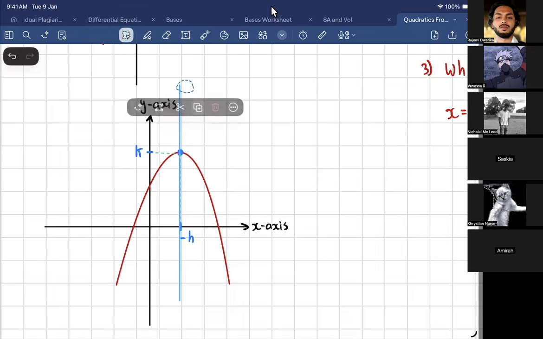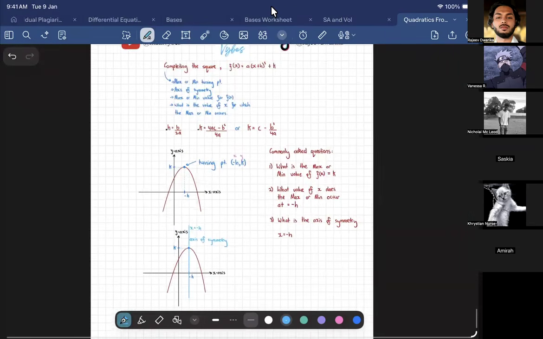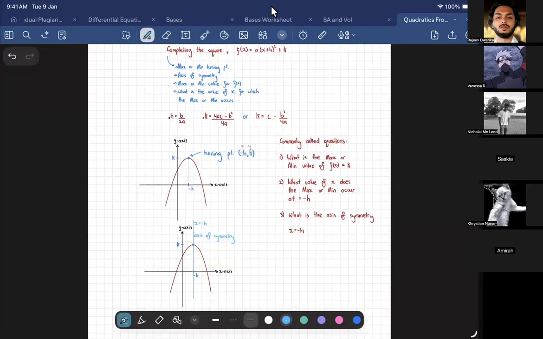I'm here to help you in whatever way I can, but you need to tell me you're confused. Is anybody confused as to why I'm saying this equation is x is equal to minus h? That vertical line? If you are, don't be scared. Let me know. Is anything confusing you here?